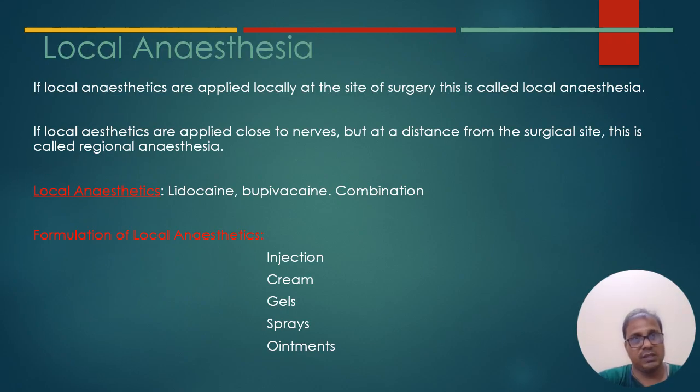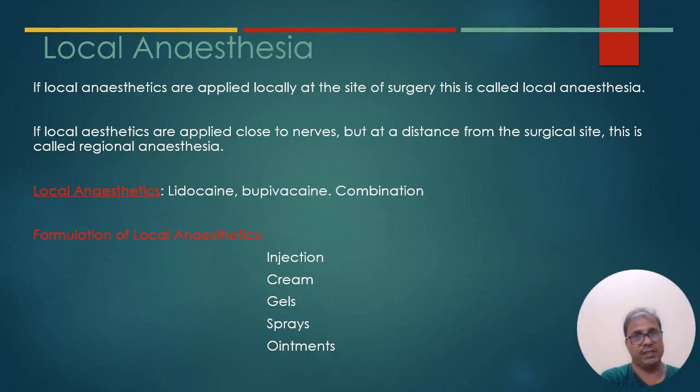What is local anesthesia? When local anesthetic drug is applied locally to cause loss of sensation of that area and perform the operation, that is called local anesthesia. What is the main difference between local anesthesia and regional anesthesia?